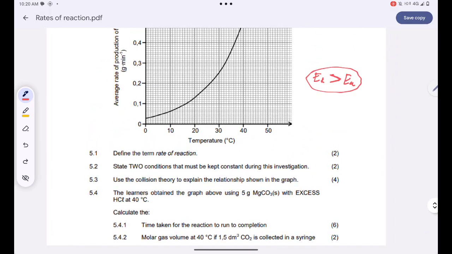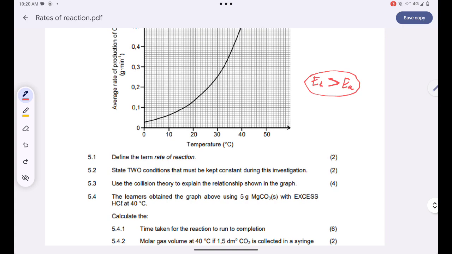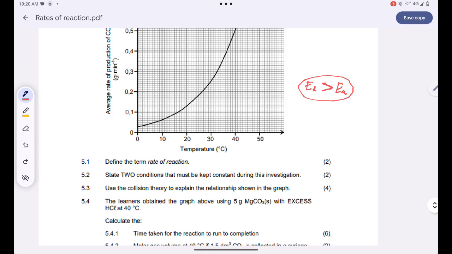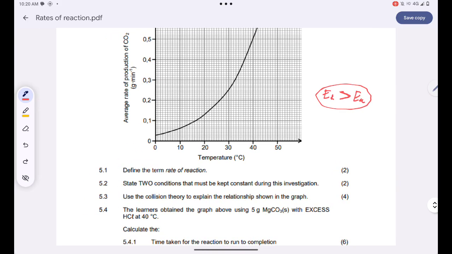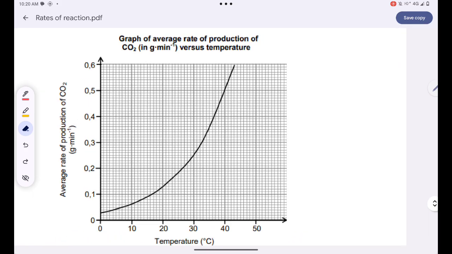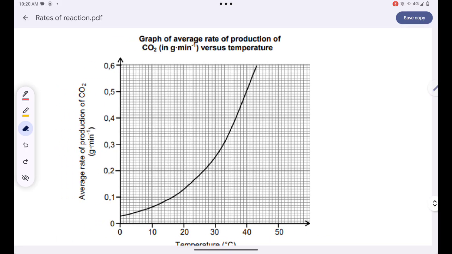Firstly, we must find the number of moles of our magnesium carbonate. Why do I want to find the number of moles? Because I know that the magnesium carbonate is not in excess. That means it is my limiting reagent, so it will be used up completely in this reaction.